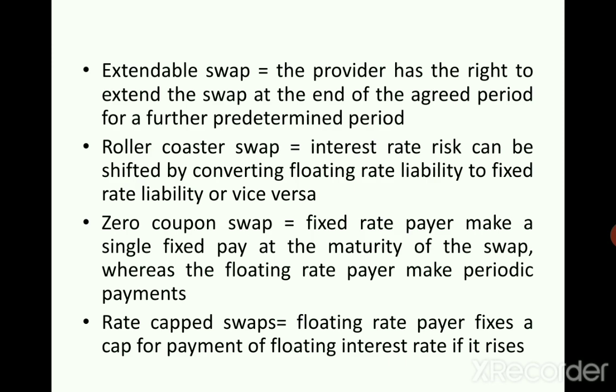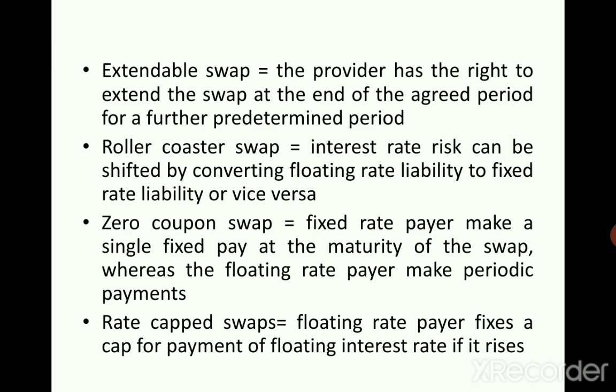Okay. Next we come to the fifth one, roller coaster swap. Now a roller coaster swap is like this: the two parties to the contract will convert their liability to each other after a certain period of time. That is just to shift their interest rate risk.